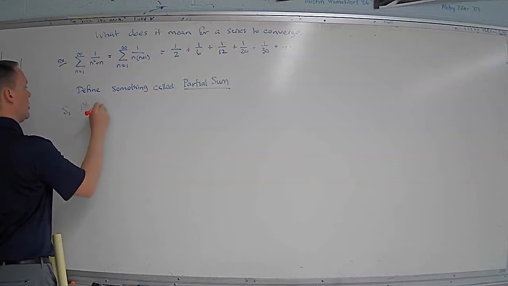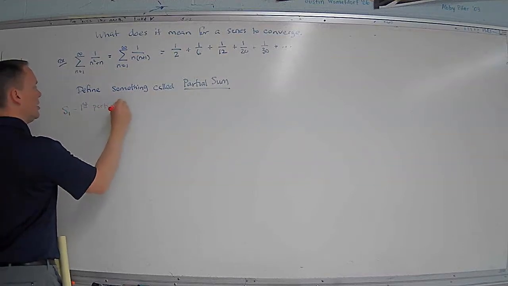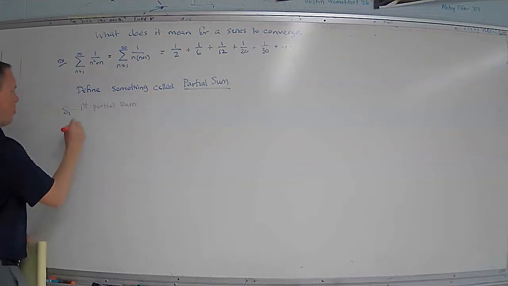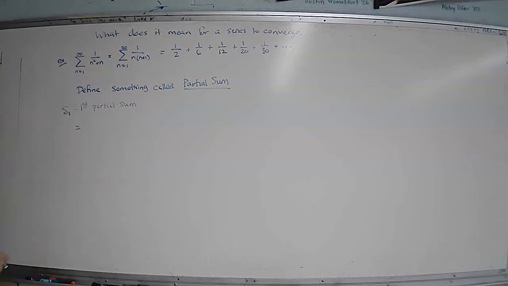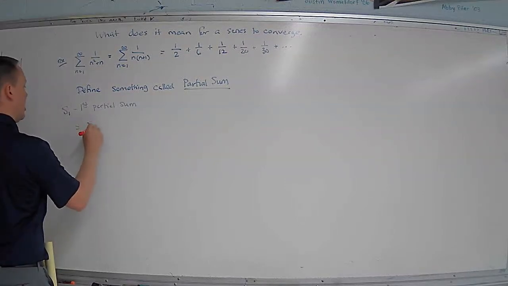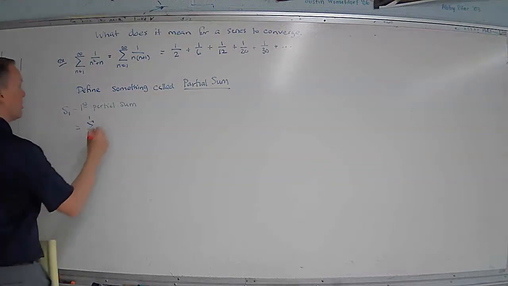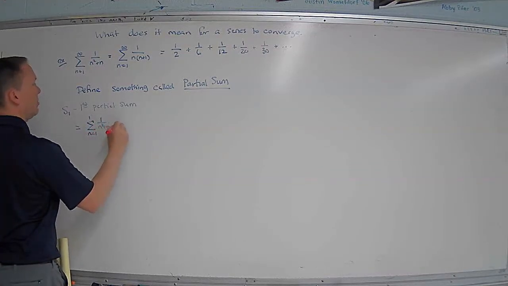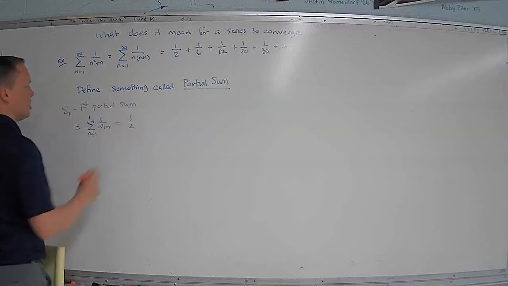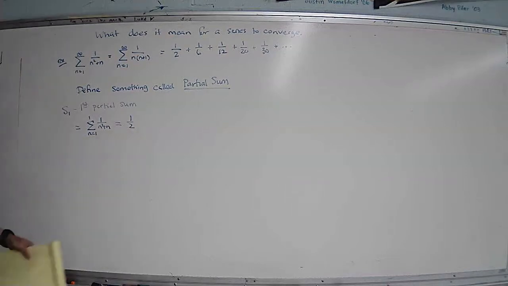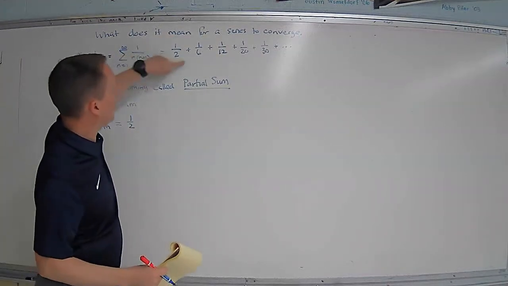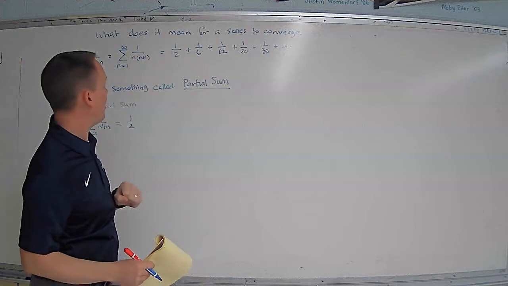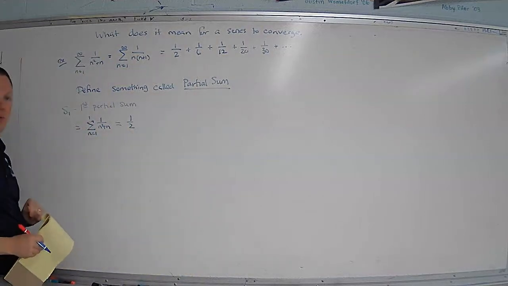It's going to be the sum of the first 1 terms. Well, it's just 1/2. It's like you have all these terms listed out and you just gobble up the first one, you get 1/2.